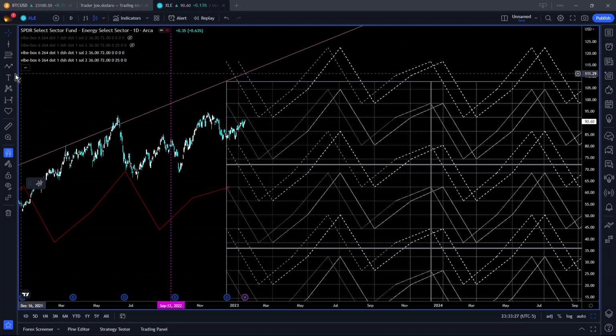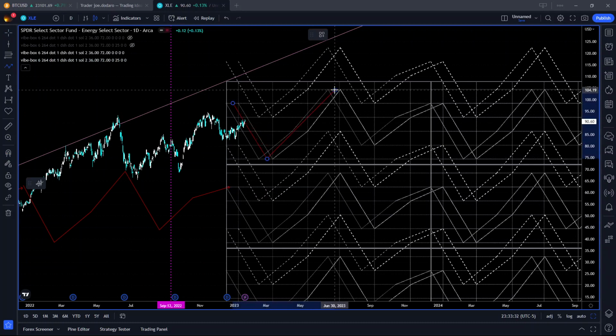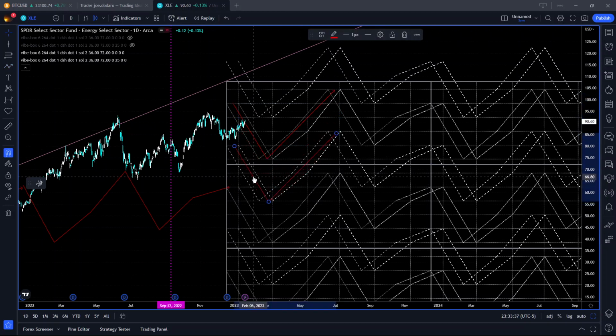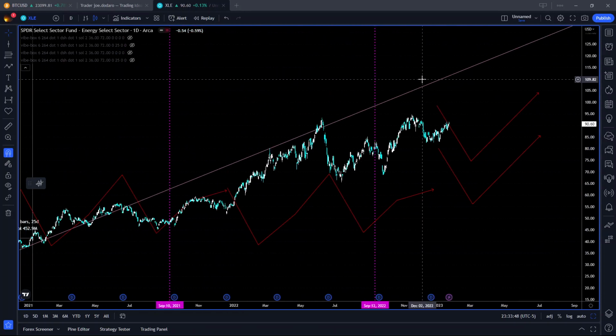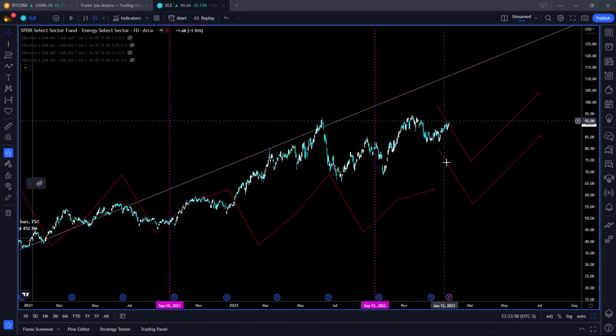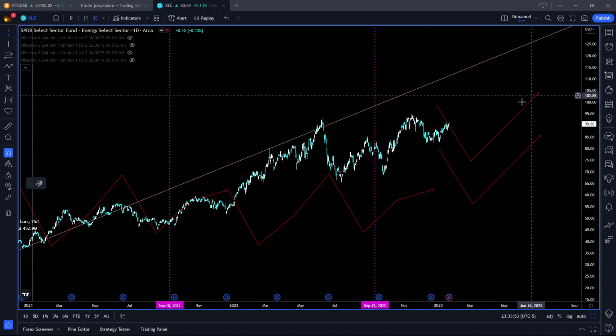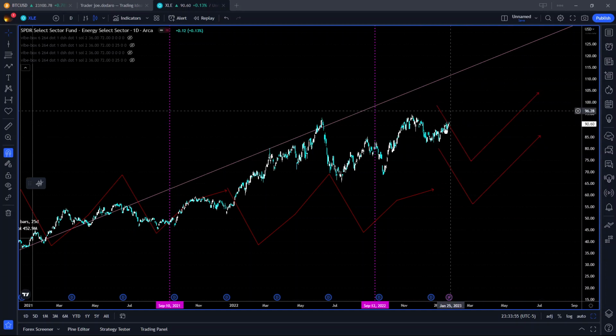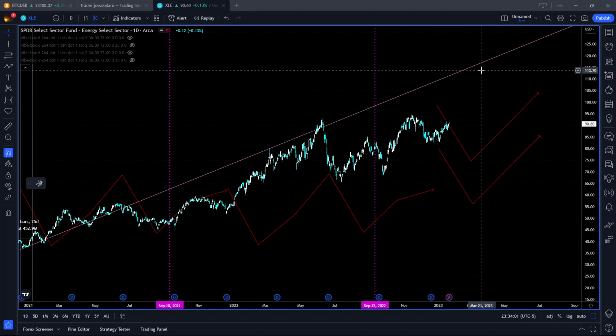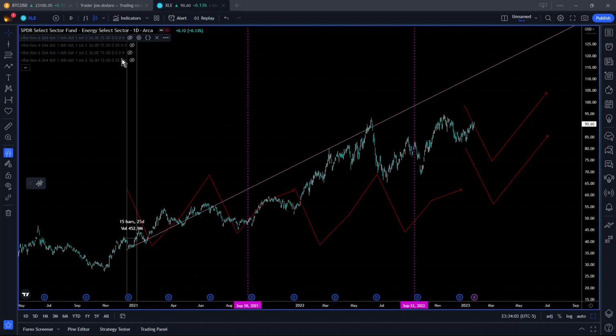So you can have this being drawn out for you just for the time being, giving you a possible movement for the next, say, 6 months, 7 months, and then get rid of that, and then show that to your client or whoever. Looks something like this, and we can hit lows here and highs here. And if this doesn't work out, we have an alternate viewpoint where this goes back up and keeps moving up and hits a high.